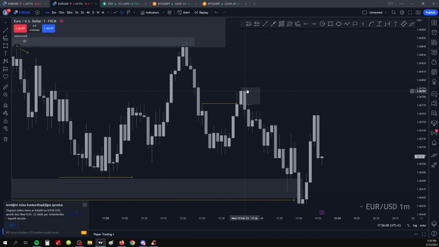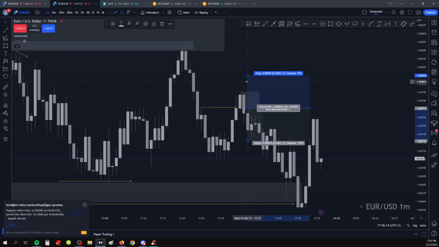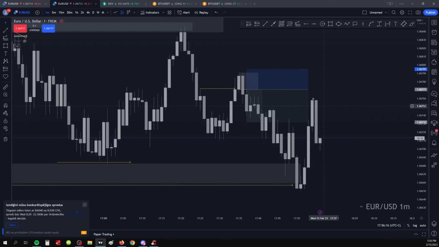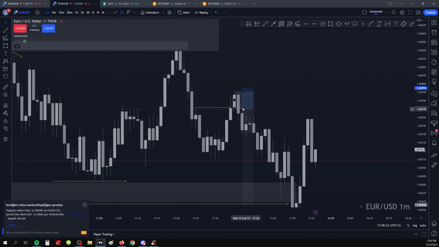The highest bullish candle was this. So this candle came back to mitigate it. Yeah, I did not do it live, but looking back at it, this could have been your entry.